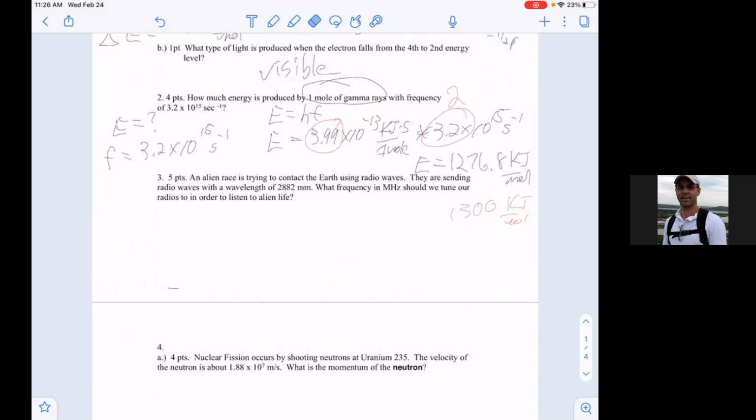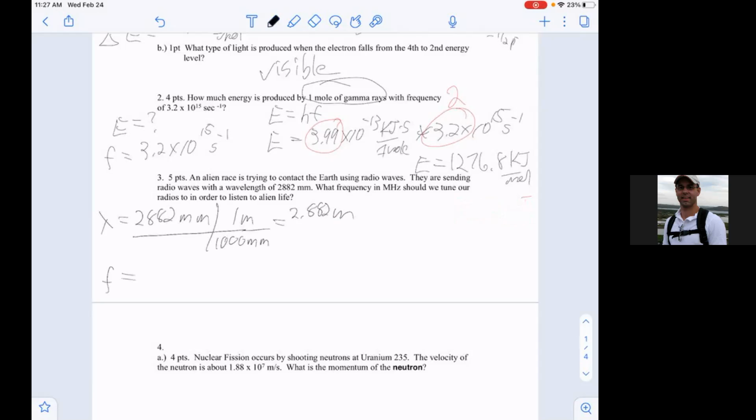It's about learning how to do a process of solving a problem so that you can attack any problem and solve it. That's why I make it worth 1 point writing down the info. So I've got a wavelength. Wavelength must be in meters. There are 1,000 millimeters in the meter. That was worth 1 point. What am I trying to find?